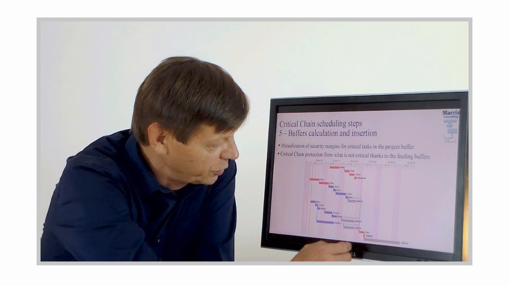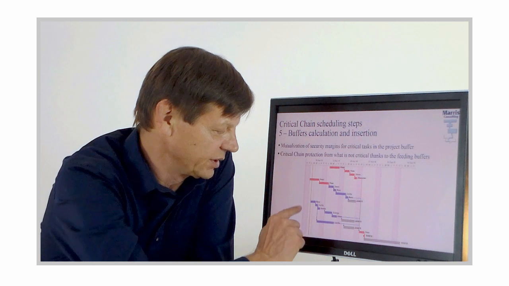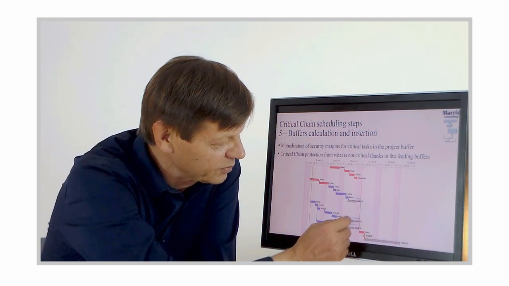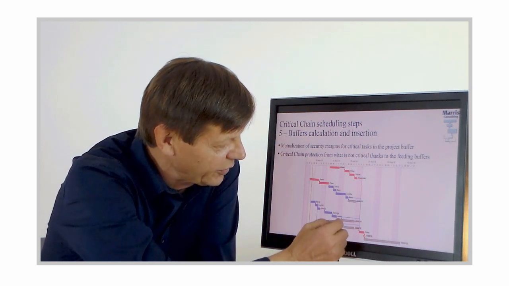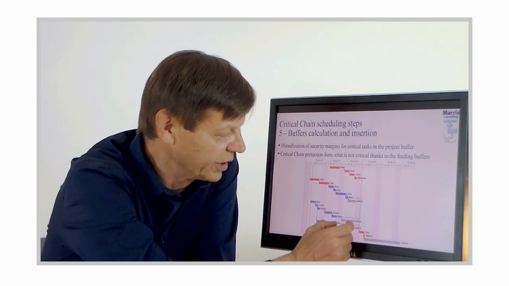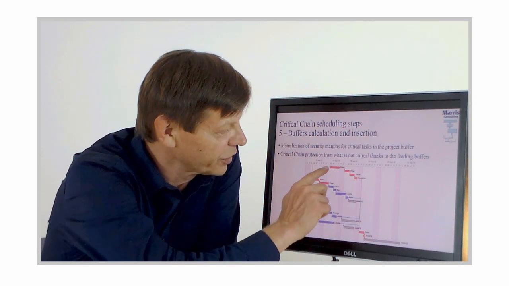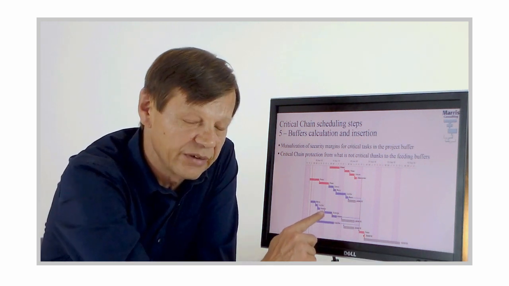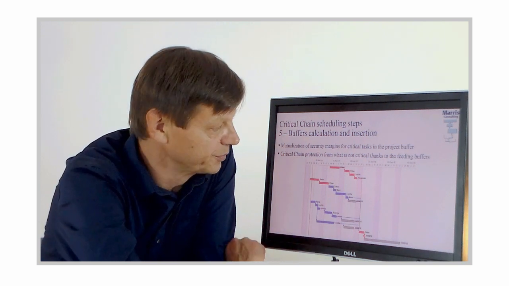So exactly in the same way, we look at the sequence here, we work out what the variability is, and we install a feeding buffer where it comes into the critical chain, and we plan to have everything arriving for the critical chain a little bit earlier according to these buffers. In this way we can ensure that the thing is stable, and that this sort of thing will never become critical. We ensure that the non-critical stays non-critical.